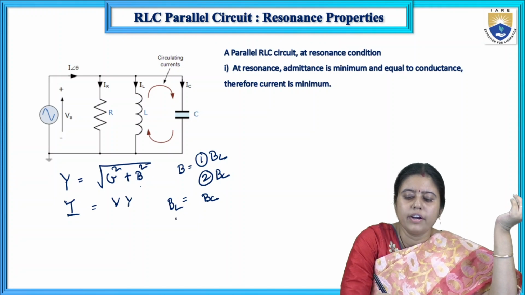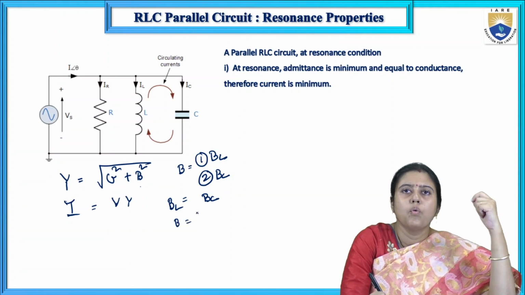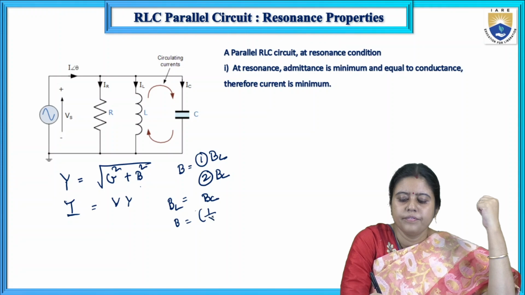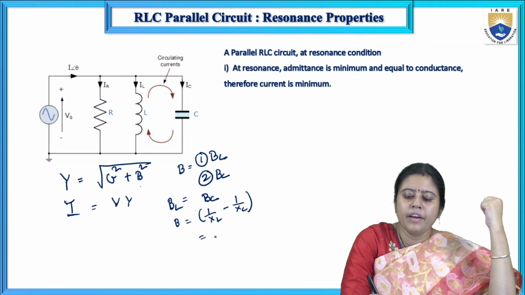So what is B? B is nothing but 1 by XL minus 1 by XC, that is BL minus BC.